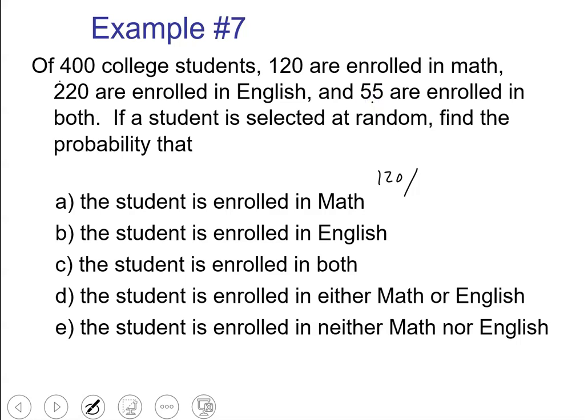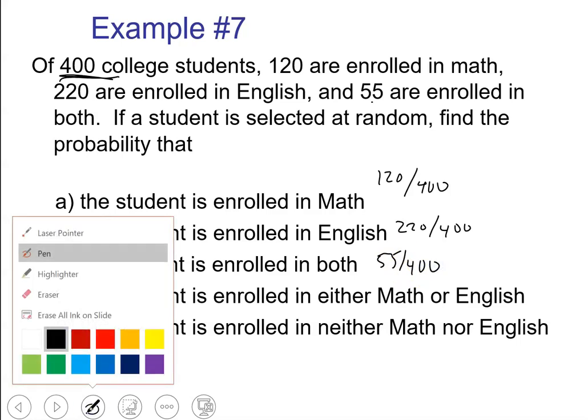We don't just add those up. It actually tells us how many we have right here. So we have 120 out of 400. Now again, you can divide that, you can reduce that, you can write it as a percent. I'm fine with any of those. Okay. Student is enrolled in English. Well, 220. Again, out of our 400. Student is enrolled in both. Again, they give us that number as well. So far, not too bad.